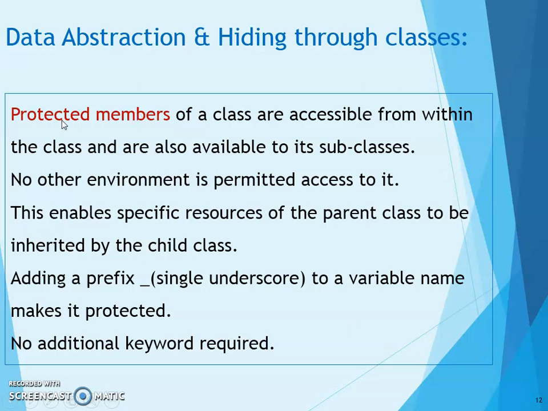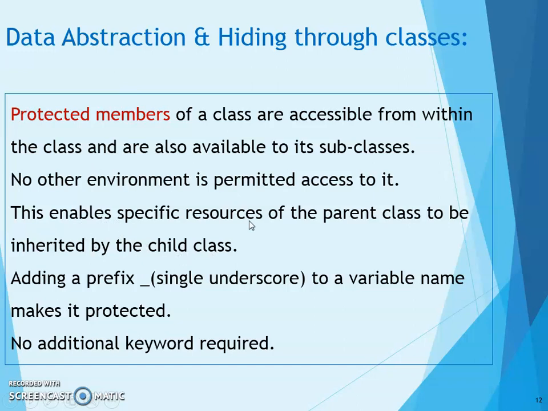Third access specifier is protected. If the protected members of a class are there, then they are accessible from within the class and are also accessible from the subclasses. That is, no other environment is permitted to access them. Only within the class and the subclasses can access those members. This enables specific resources of the parent class to be inherited by the child class, where the inheritance property is there.